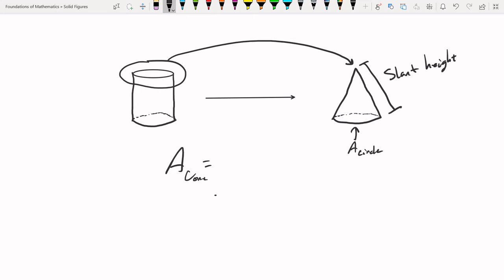The area of a circle is pi times the radius squared. So of course, that's the radius. We have pi times the radius squared. We're going to add that to the area of the outside, and what that ends up being is pi times the radius times the slant height, s.